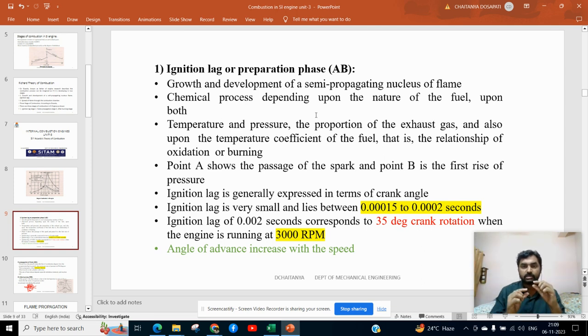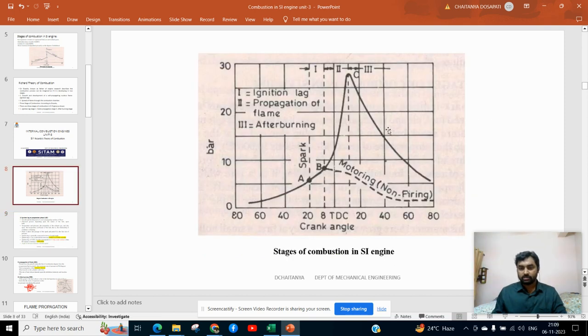The piston travels from bottom to top dead center, and before reaching top dead center, a crank angle rotation will be seen. He has given this in the chart in this graph. You can see the crank angle rotation from 35 bar towards the 20 bar, so 20 degrees. Here the starting of the ignition can be seen.